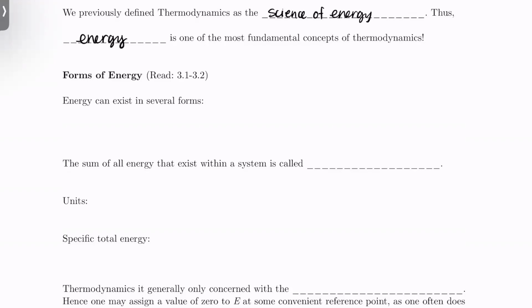What types of forms are you used to seeing energy in? Can anybody think of any? Leo. Oh, I'm thinking even more basic than this. So like in high school physics, for example, you talked about probably kinetic energy. Yeah, potential energy.